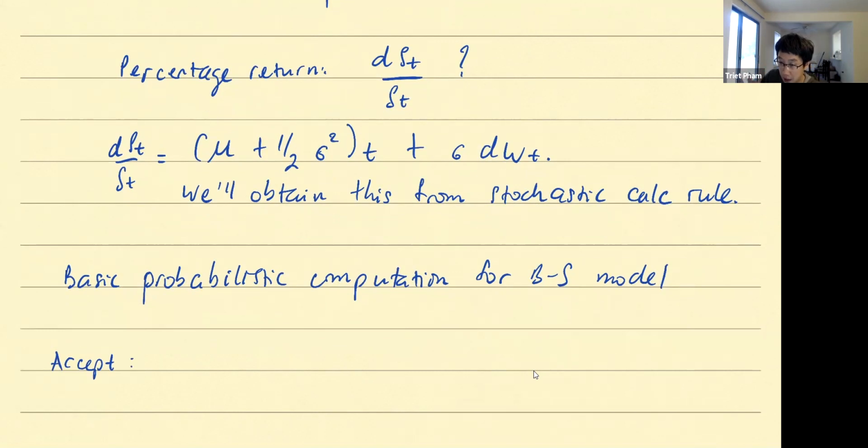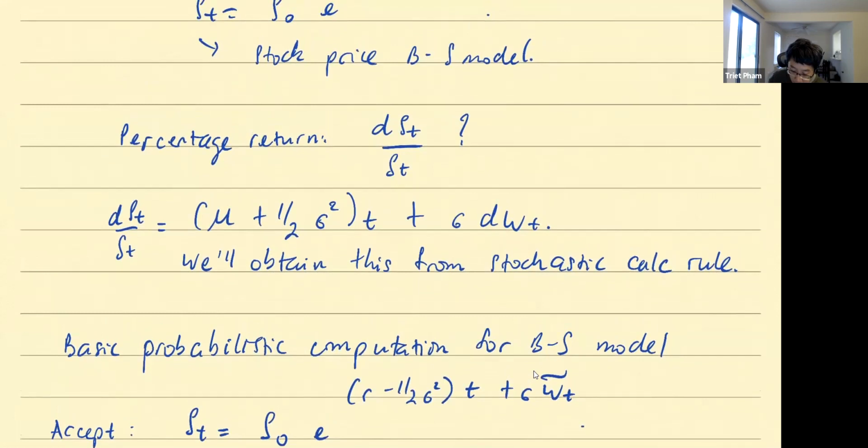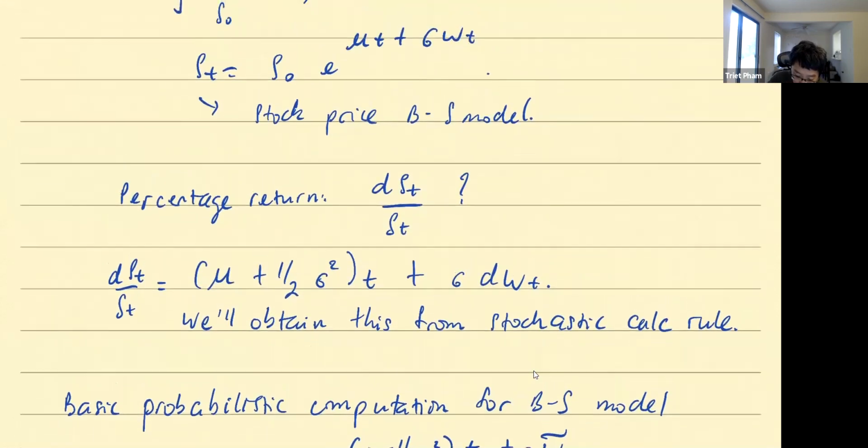I'm not explaining that at the moment. What I want you to accept is that the risk neutral model will be St is S0 e to (r minus 1/2 sigma squared) times t plus sigma times W tilde. So it's not actually anything very far flung from this.